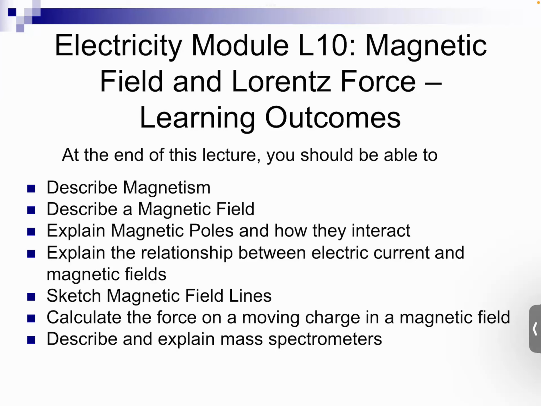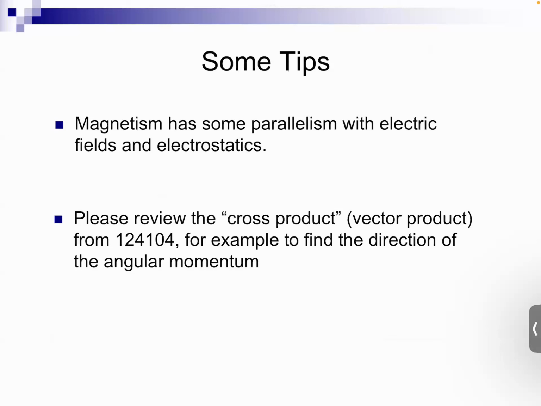Yeah, so let's start with magnetic fields. We will borrow a lot of concepts, tricks and strategies from what we learned when we talked about electric fields. There will be a lot of parallelism, and that's why I went slowly with electric fields. We will use the skill of the cross products.